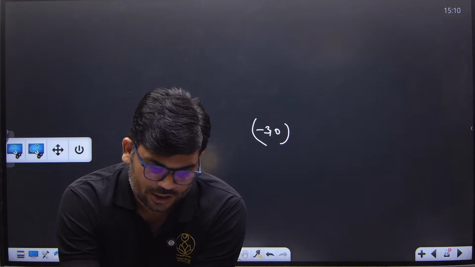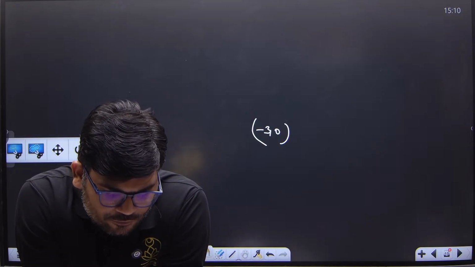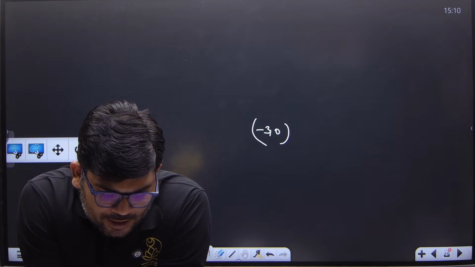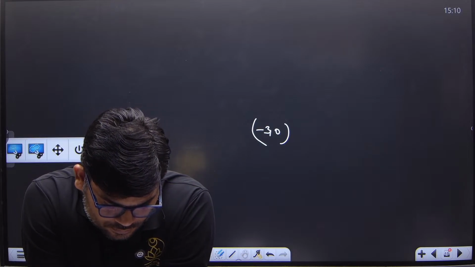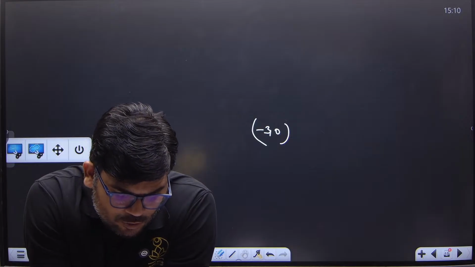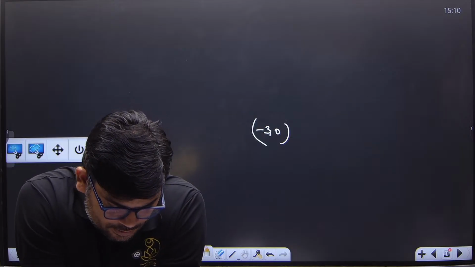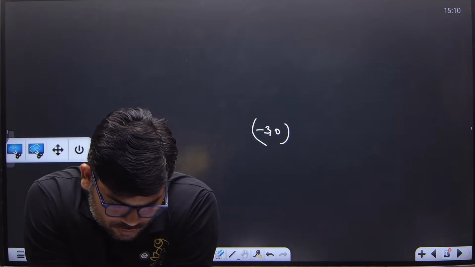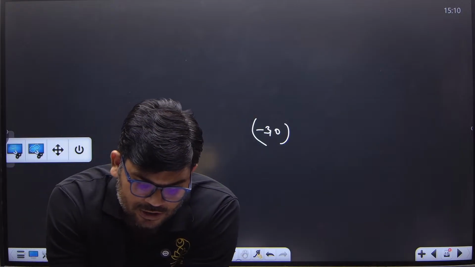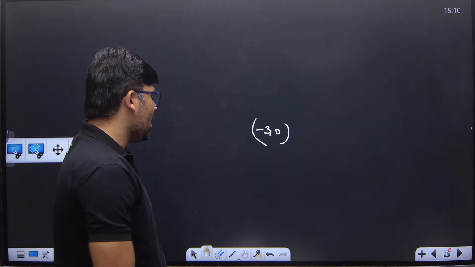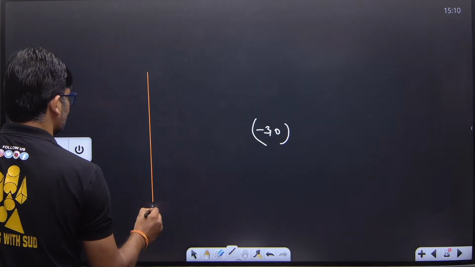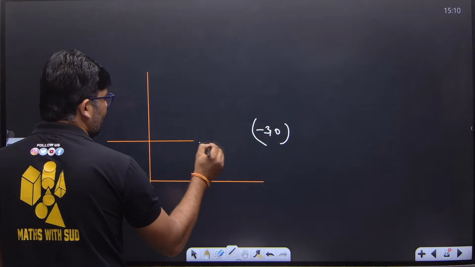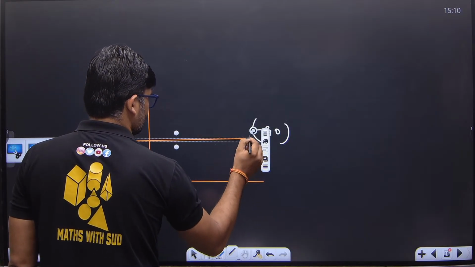Given the equation of a line y is equal to 4, write the slope of L2 if L2 is the bisector of angle O. Write the coordinates of the point P and find the equation of L2. So there are three things. First thing is, given the equation of a line y is equal to 4, y is fixed, that means it is parallel to the x-axis.